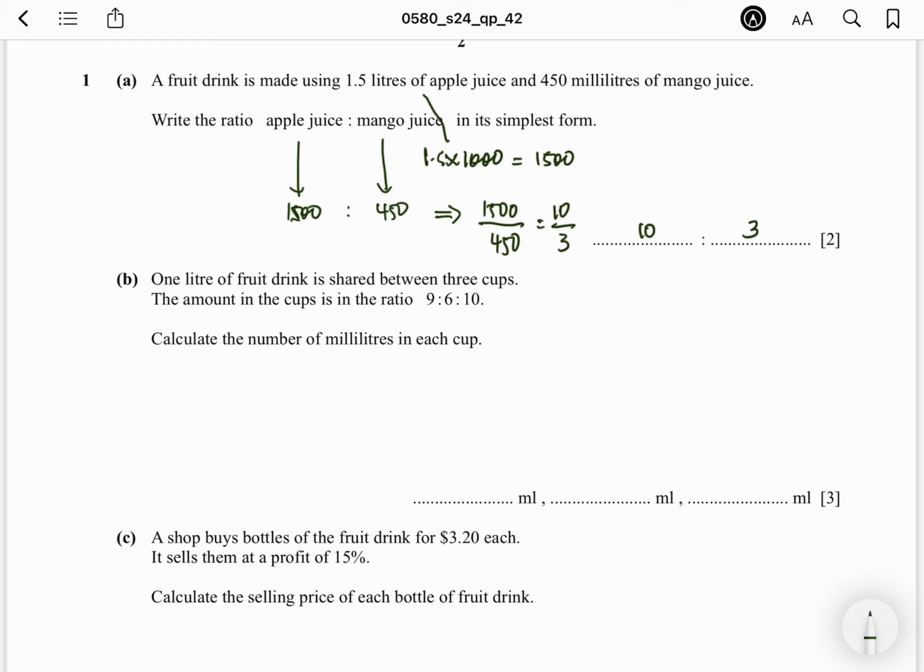So the fraction button has many uses. You can use the fraction button to change fraction to decimal or decimal to fraction. You can change mixed number into improper fraction.